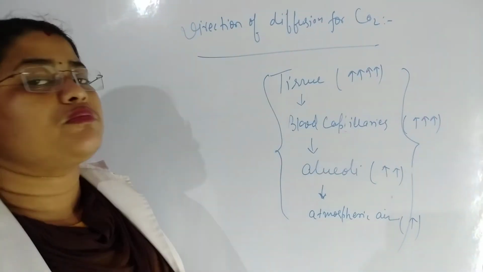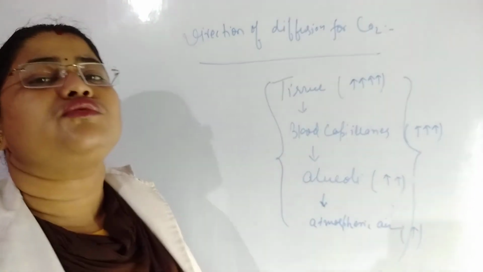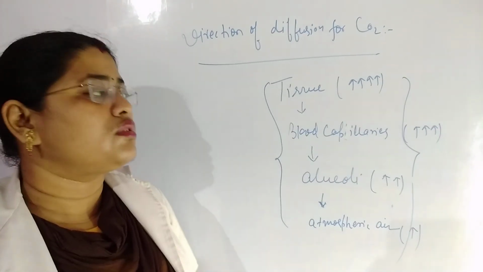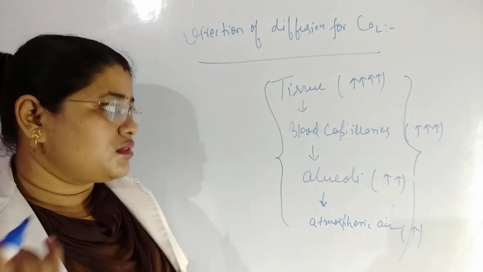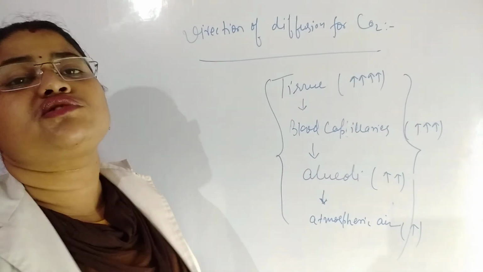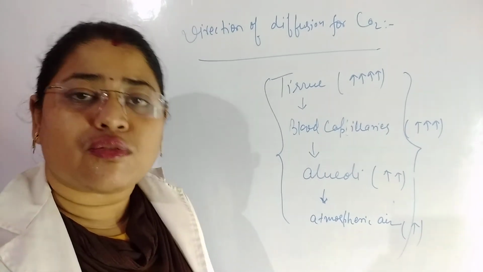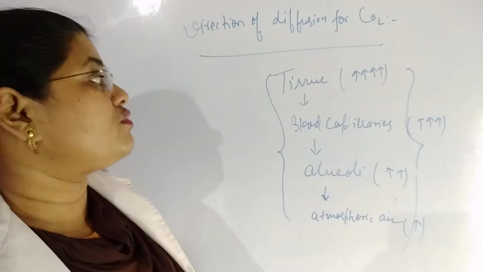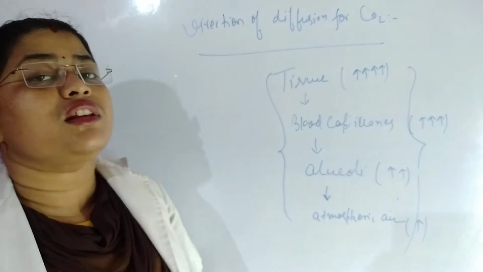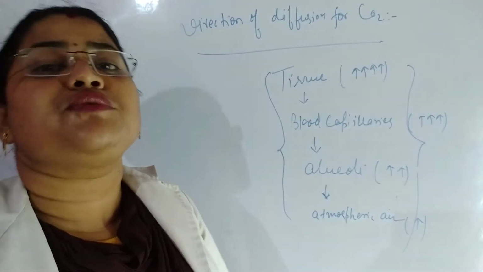So this is about the diffusion of O2 and CO2, and this diffusion is based on concentration gradient or partial pressure of oxygen and CO2 of tissues, blood capillaries, alveoli and atmospheric air.